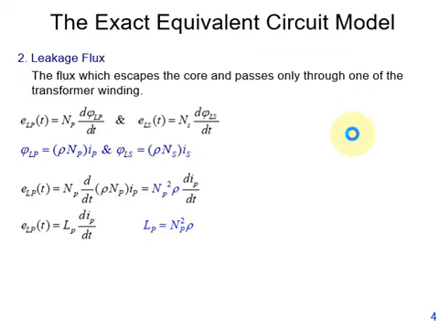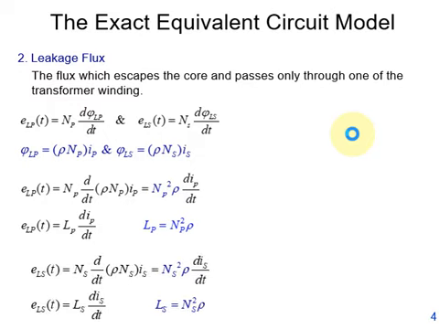In this equation you can see that now the derivative of the primary current is taken, which is multiplied by Np squared rho, and we simplify this Np squared rho to equal the primary inductance, represented with Lp over here. Similarly, there would be Ls on the secondary side.